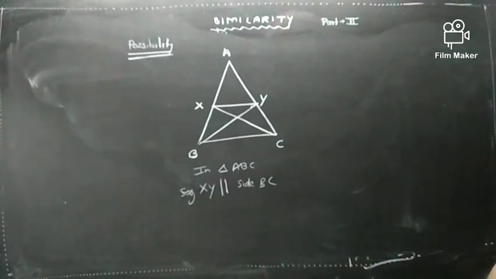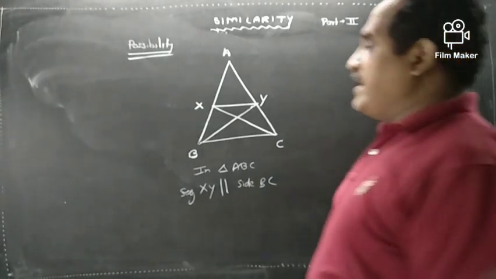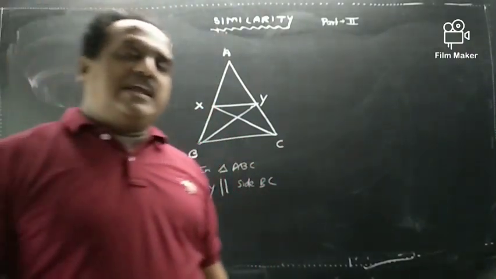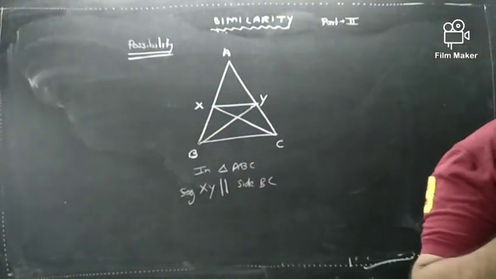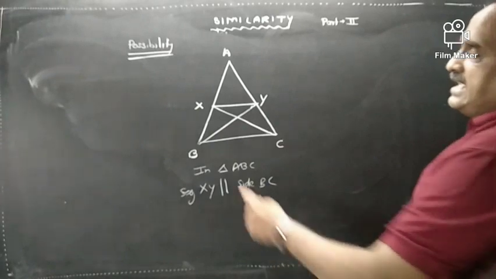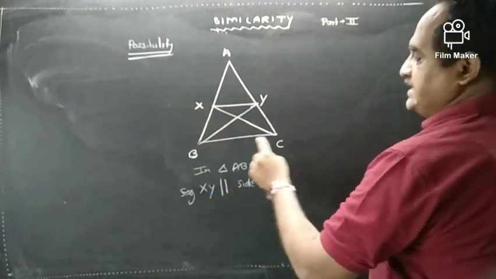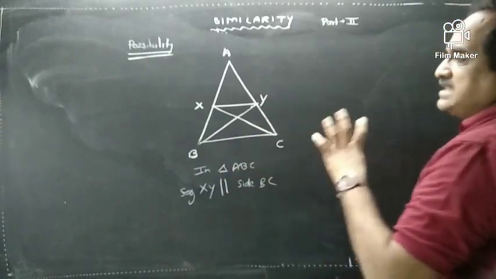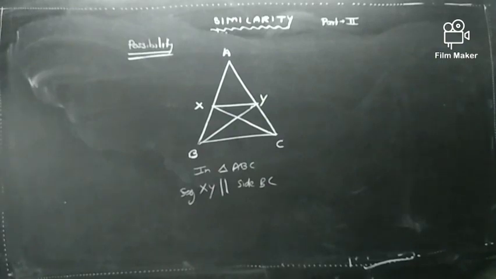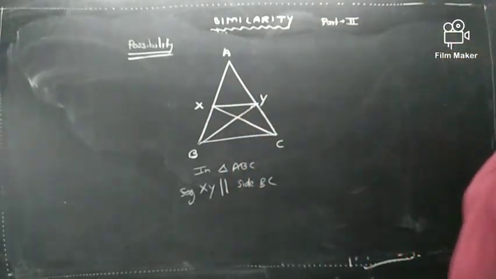And I told you that if two triangles are present between two parallel lines, they have equal heights. So which are the triangles, students, present between two parallel lines? I can say that triangle XBC and triangle YBC are present between these two parallel lines. So definitely they have equal heights. These are the heights.